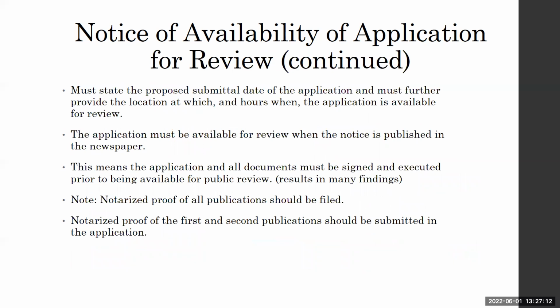The application should be signed and completely packaged prior to this notice being run. We've issued a lot of findings because the application was not signed prior to the notice running, so make sure that you do that. Remember that any citizen, CDBG staff person, or HUD staff person should be able to come in and request the application for review during this period.